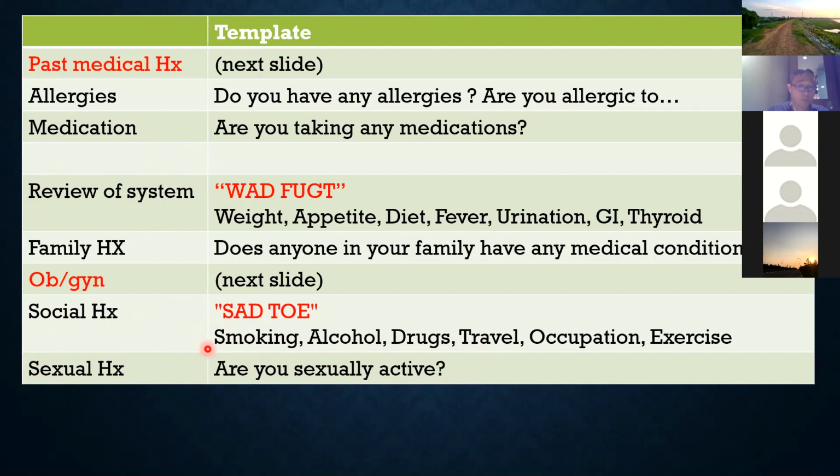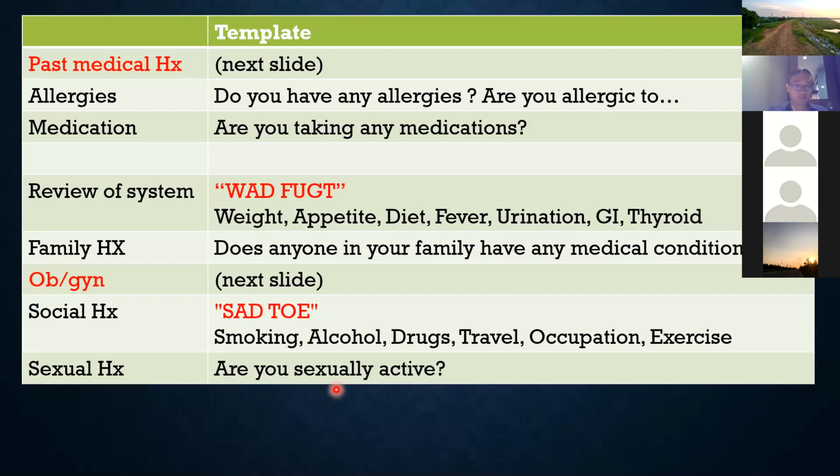And remember rule number 1, ask for permission. So you can say, now I'm gonna ask you some questions about your sexual history. Is that okay? If the patient feels comfortable to share with you, go ahead.